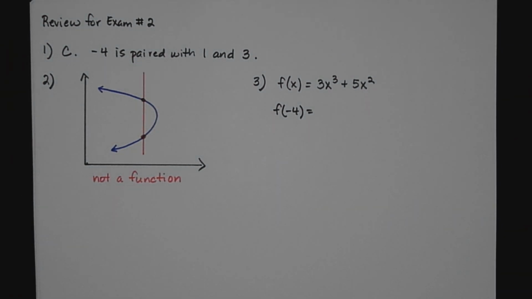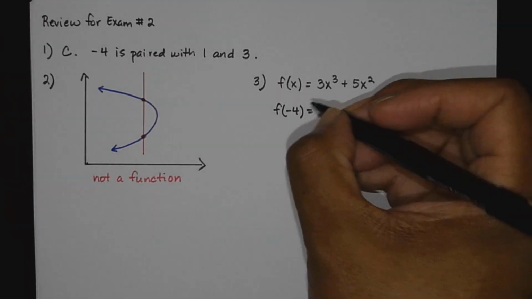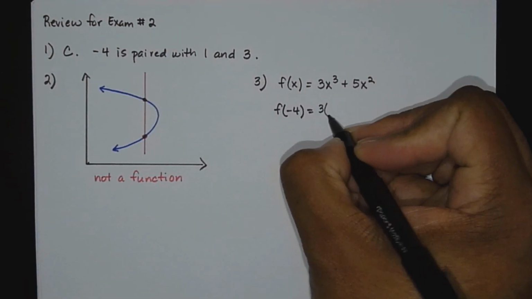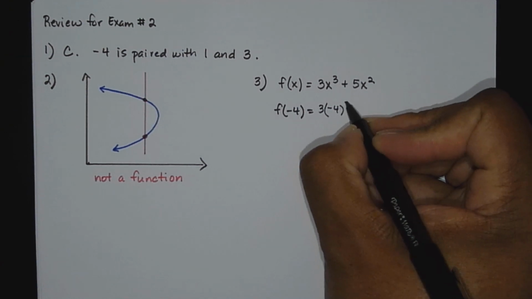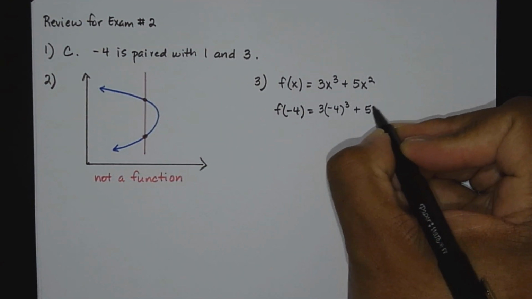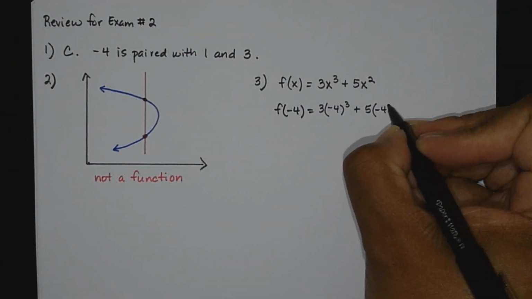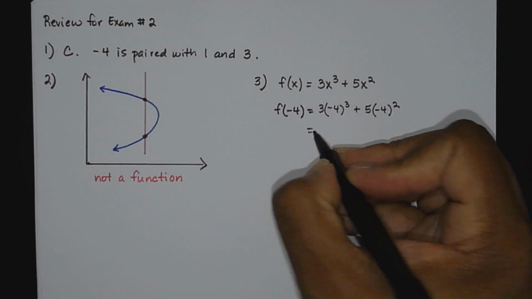So f of -4. Pretty much all we're doing there is just substituting each x in that function with -4. So here we're going to have 3 times -4 cubed, plus 5 times -4 squared.